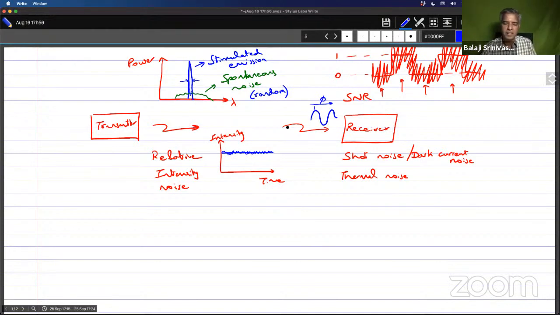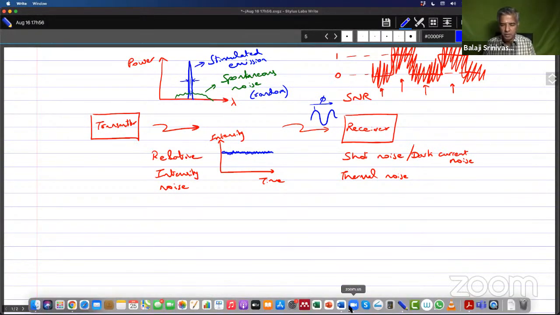But like I said, this is a very fundamental course, so we're not going to go into much detail of that. If you take a course on fiber optic communications, or any optical communication course in general, you will learn a little more about the role of phase noise in the overall performance of the system. Okay, so let us move on.